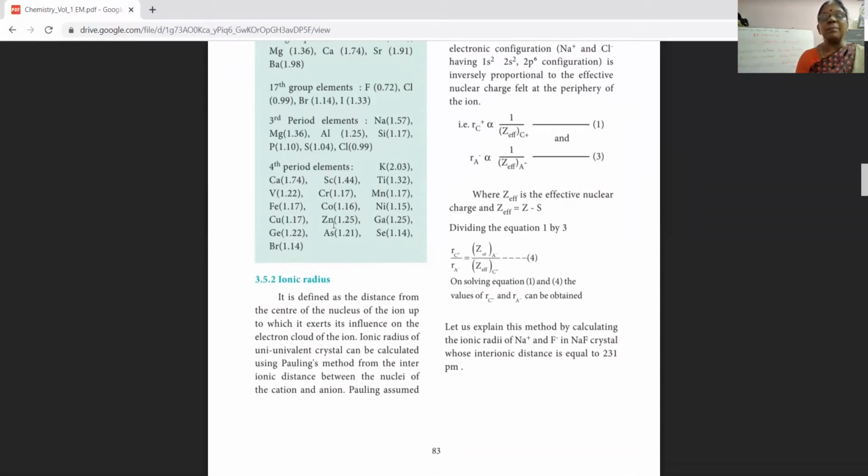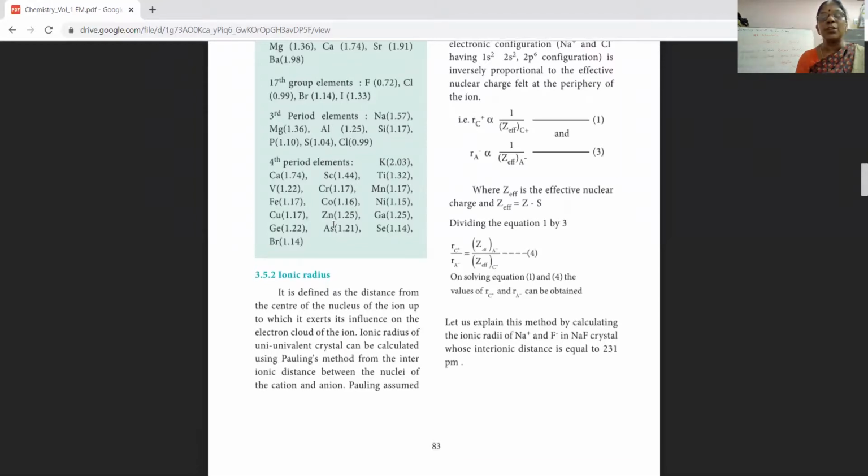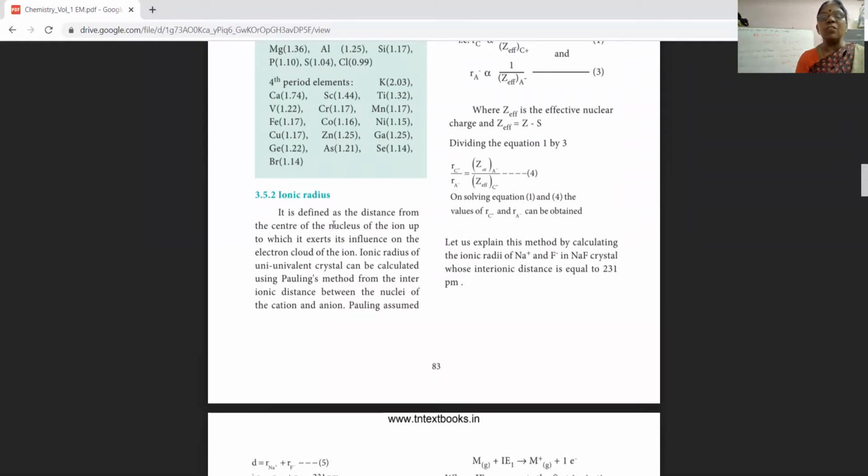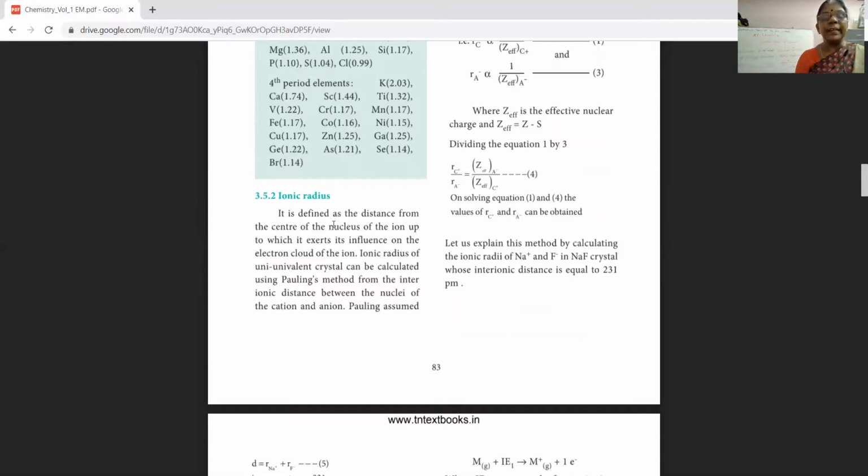That is, Rc+ is proportional to 1 by Zeff of C+, and Ra- is proportional to 1 by Zeff of A-. Here Zeff is the effective nuclear charge and Zeff is equal to Z minus S. This was studied earlier. So dividing those two equations, you will get Rc+ by Ra- is equal to Zeff of A- divided by Zeff of C+. On solving equations 1 and 4, the values of Rc and Ra can be calculated.